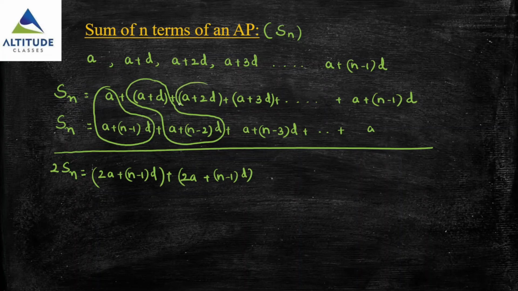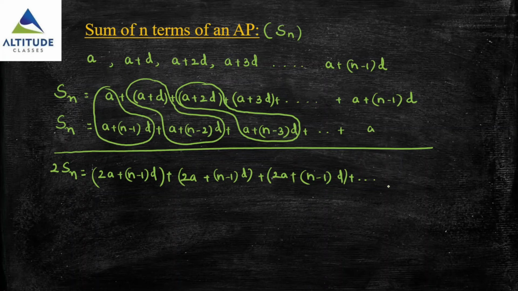Now I am adding these two: a plus a, 2a. 2d we are adding with (n minus 3)d, so it will become (n minus 1)d. And if you observe, every time we are getting 2a plus (n minus 1) into d, 2a plus (n minus 1) into d, 2a plus (n minus 1) into d.